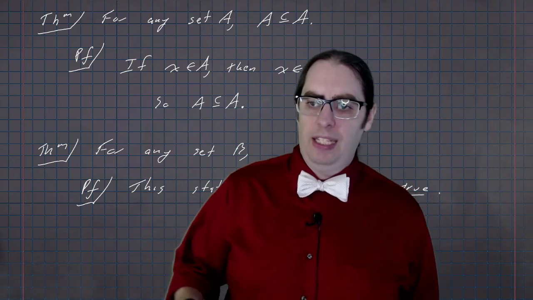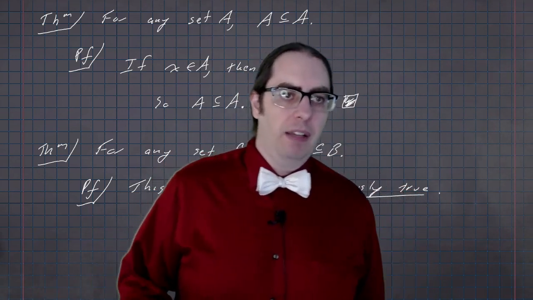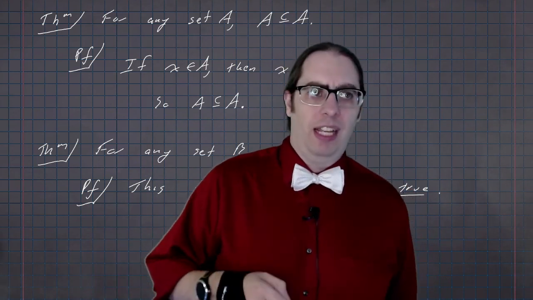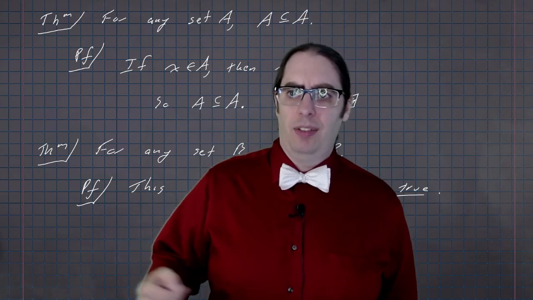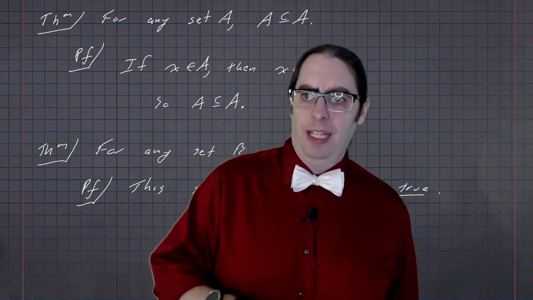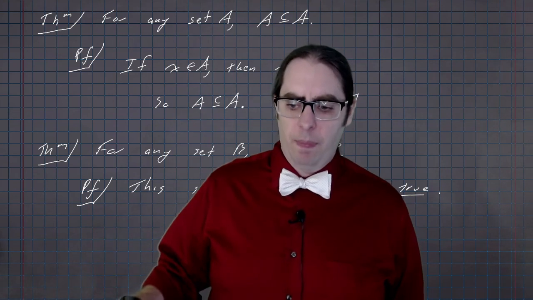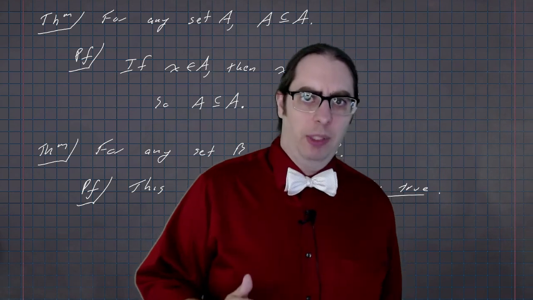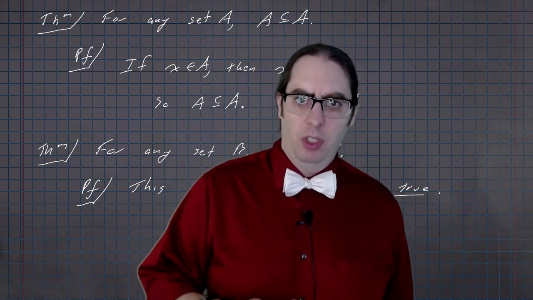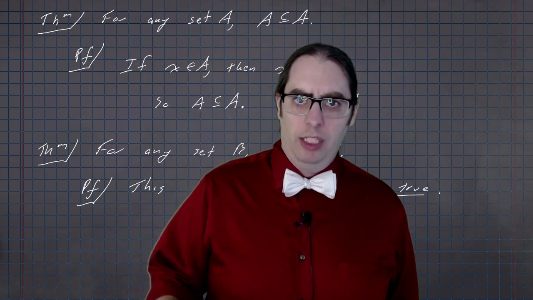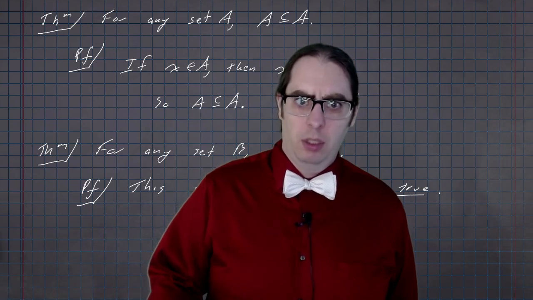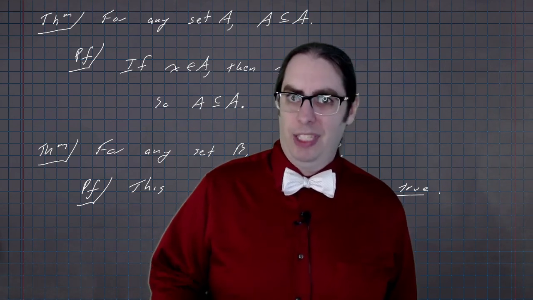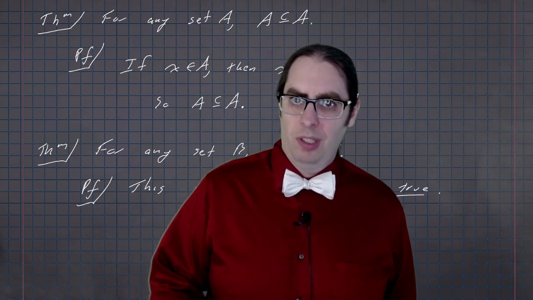Well, A is a subset of B if every element in A is also in B. So that means that A is not a subset of B if you can find an element in A that is not in B. So for this statement, we have to find an element in the empty set which is not in B. But how do we find an element in the empty set which doesn't have any elements?